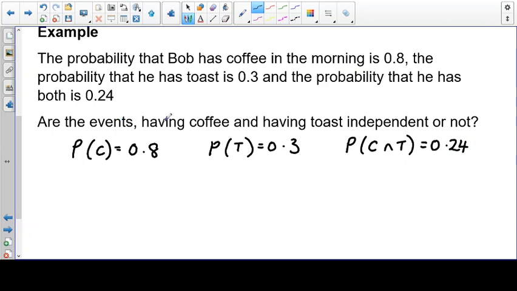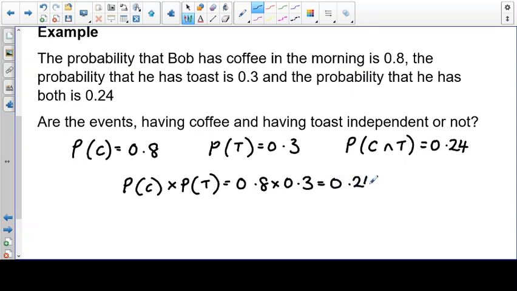Are the events having coffee and having toast independent or not? Well, if you work out the probability of C times the probability of T, that's 0.8 times 0.3, which is 0.24. So therefore, the probability of C times the probability of T equals the probability of C intercept T.